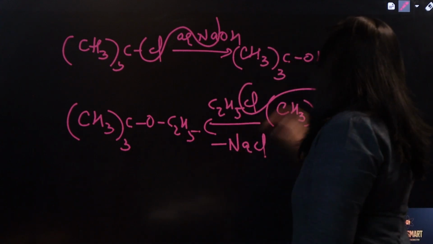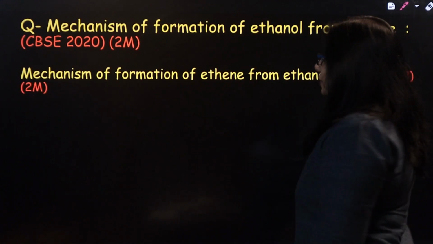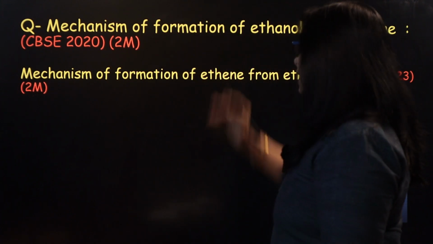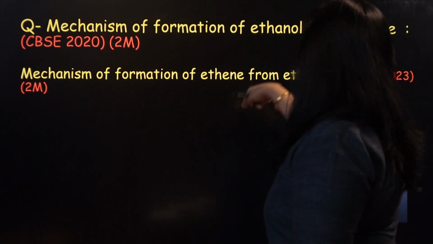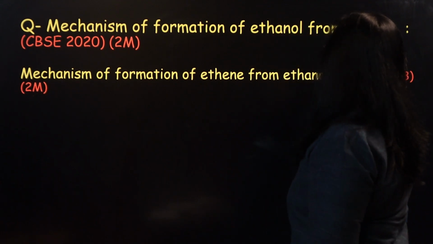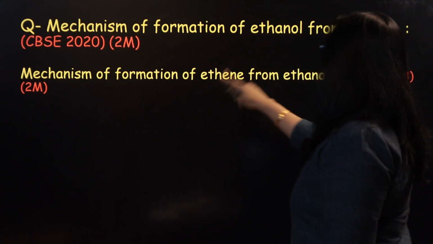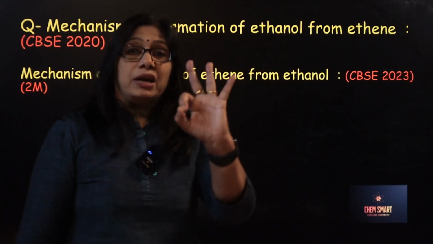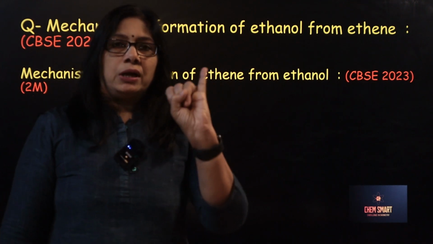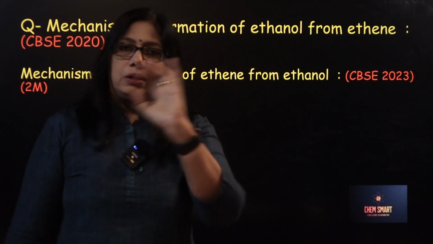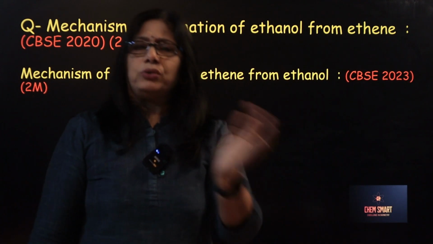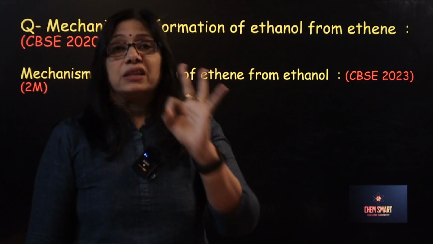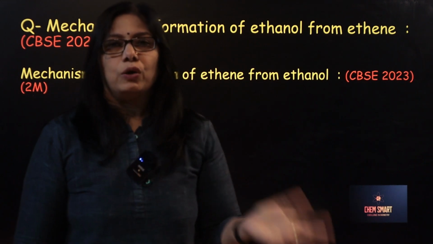Next one is the mechanism of formation of ethanol from ethene as well as ethene from ethanol. There are three mechanisms which are very important from this chapter. First, alkene to alcohol, most commonly ethene to ethanol. Second, ethanol to ethene. And third, alcohol to ether.